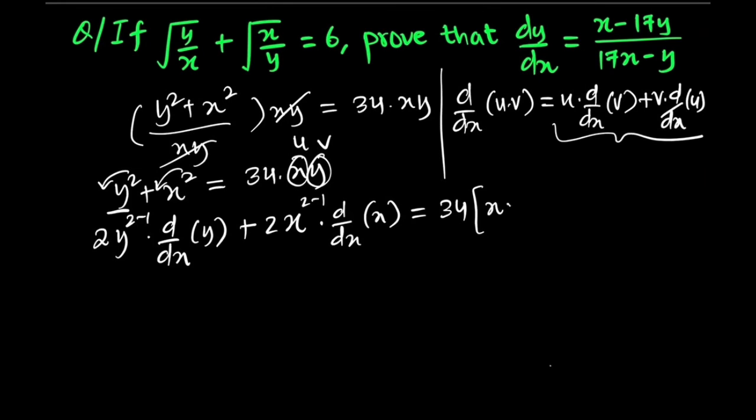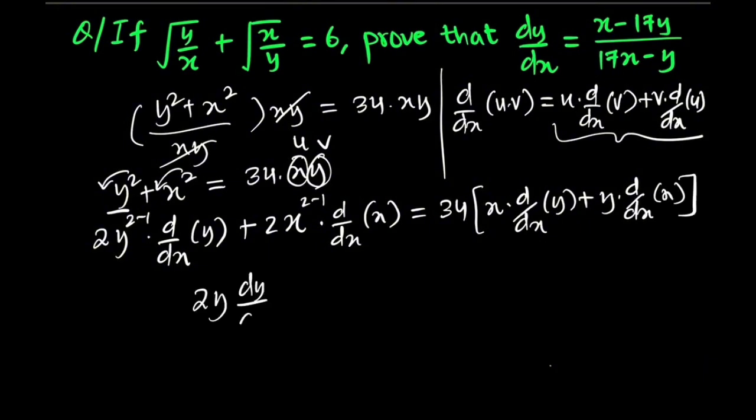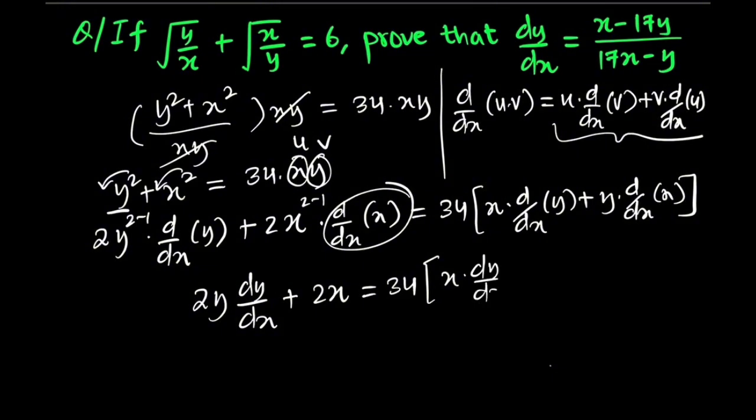So that is x times differentiation of y plus y times differentiation of x. Now you simplify this further, which becomes 2y dy over dx plus 2x dx over dx means 1, which equals 34 x times dy over dx plus y times dx over dx means 1.